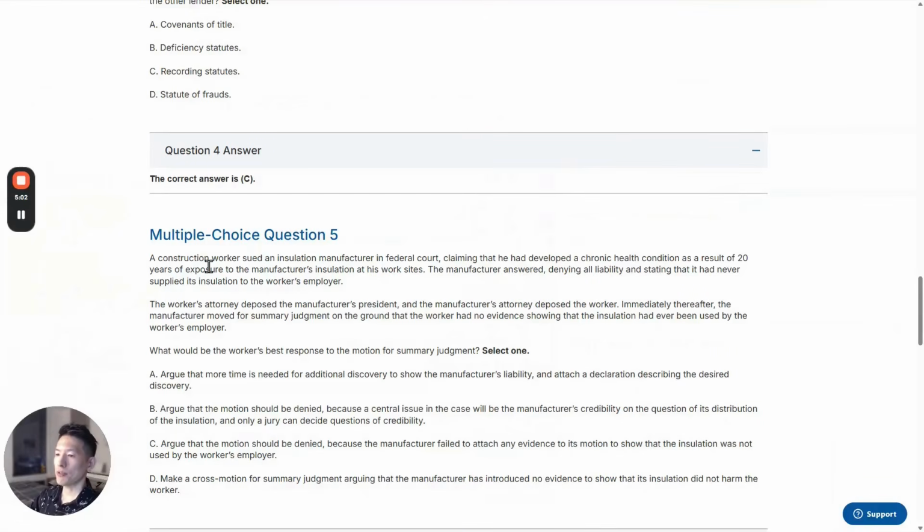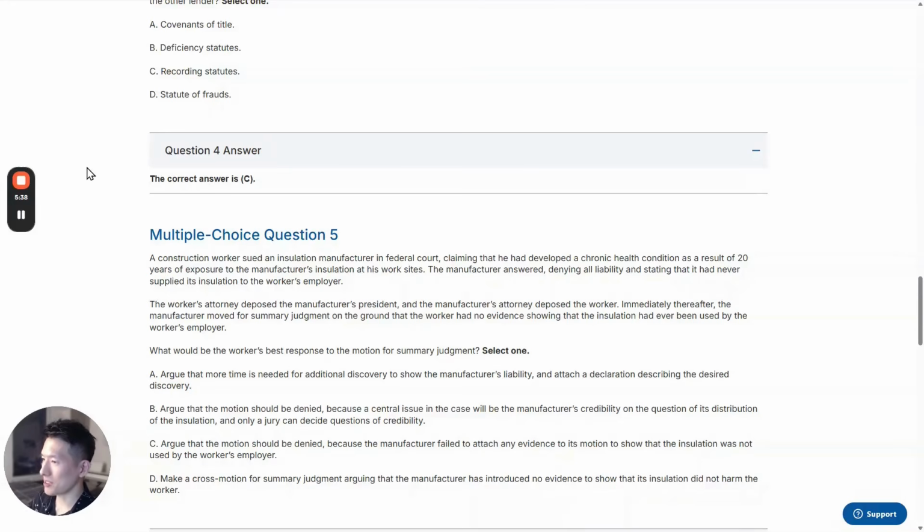So let's take a look at the facts now that we know what summary judgment is about. A construction worker sued an insulation manufacturer in federal court, claiming that he had developed a chronic health condition as a result of 20 years of exposure to the manufacturer's insulation at the work sites. The manufacturer answered, denying all liability and saying that it had never supplied insulation to the worker's employer.